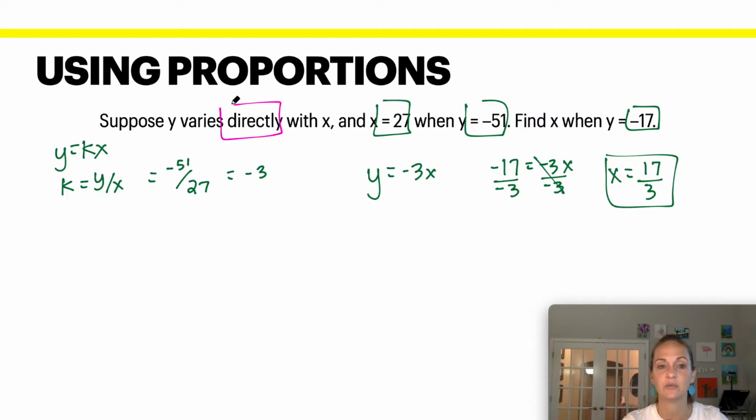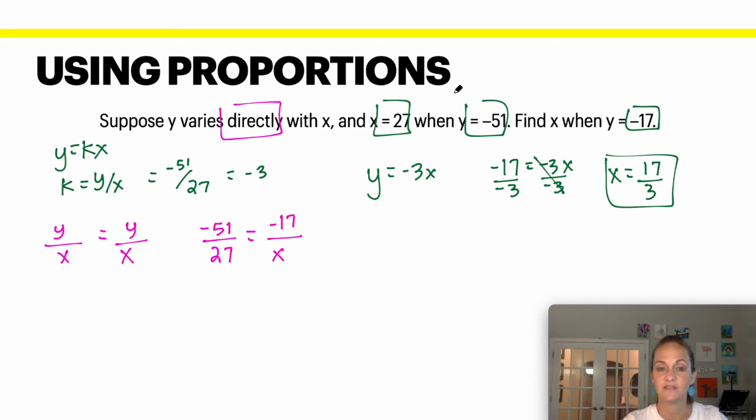Anytime you're dealing with direct variation, you're actually dealing with proportions. So if we have an x value over a y value, or a y value over an x value, either one, it doesn't matter, then we also can have another y value over x value. For example, if x is 27 when y is negative 51, then find x when y is negative 17.